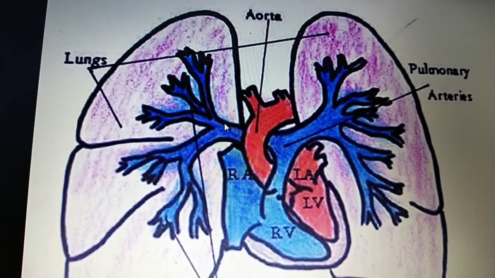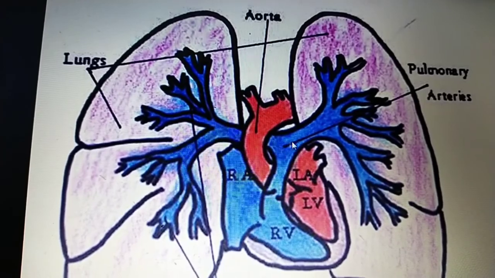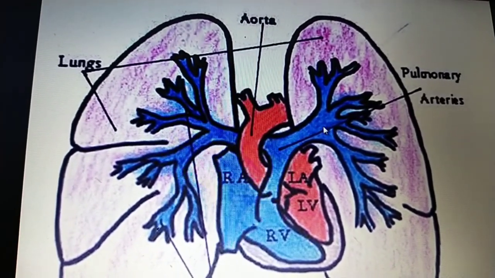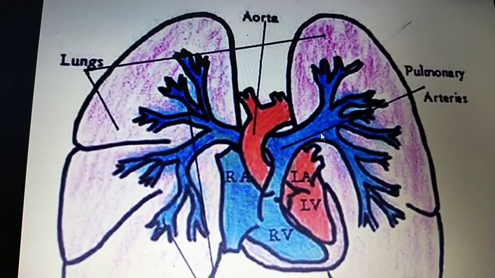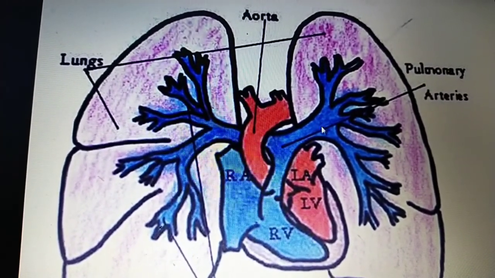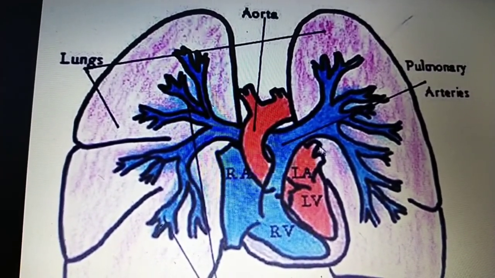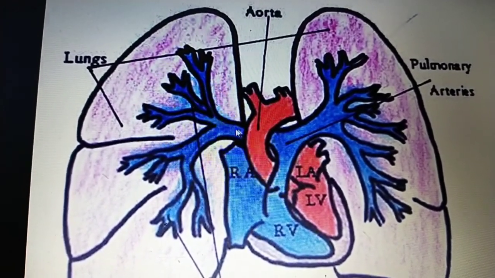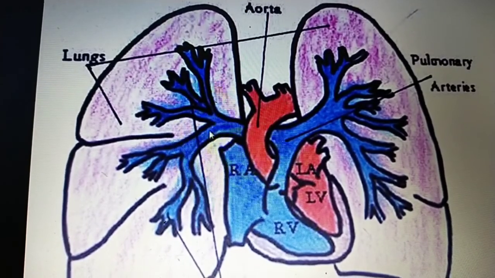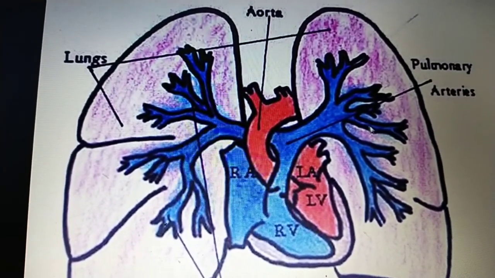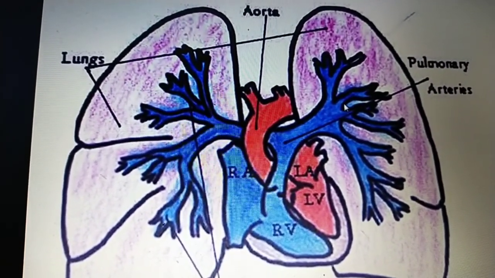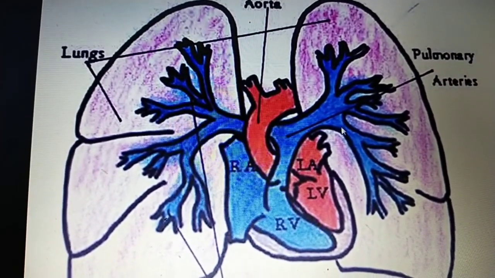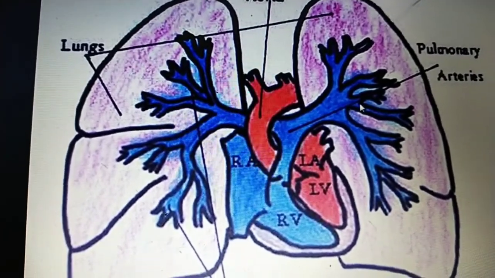This is the right pulmonary artery and this is the left pulmonary artery. Both pulmonary arteries end by dividing into two branches at the level of the hilum of the lung. The right pulmonary artery divides into two branches and enters the right lung, and the left pulmonary artery is also divided into two branches and enters the hilum of the left lung.